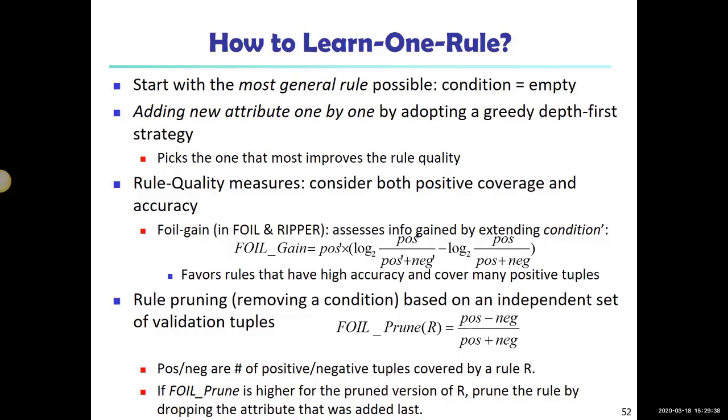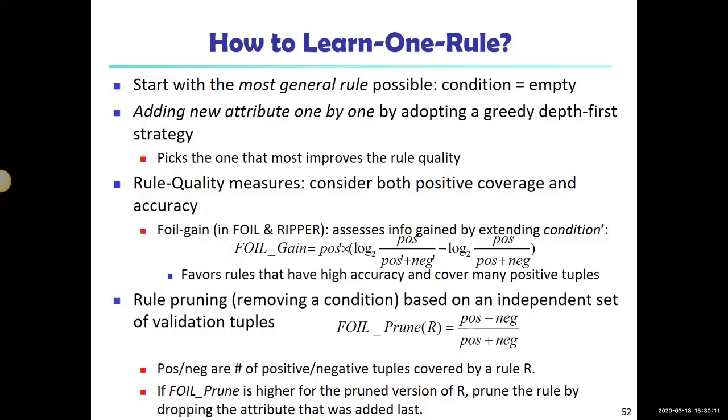So we add one, and we see how this one improves rule quality. If it improves rule quality, we keep this. We add another one using conjunction and see if this one is going to improve the rule quality. We continue doing that until rule quality is no longer improved. That's one rule that we learned. We remove the observations covered by this rule and start to learn the next one.